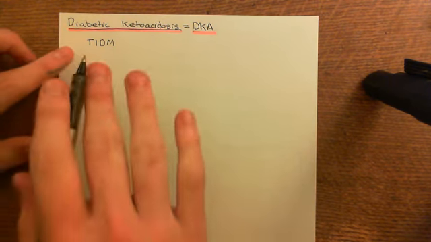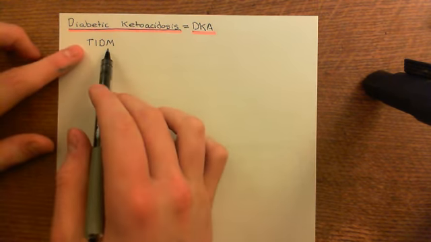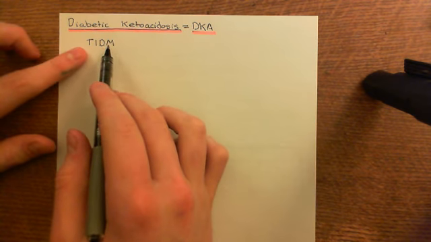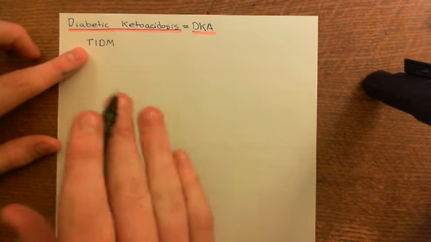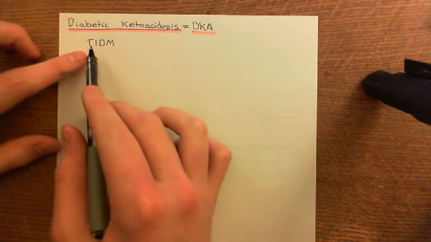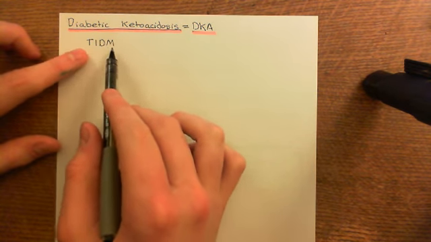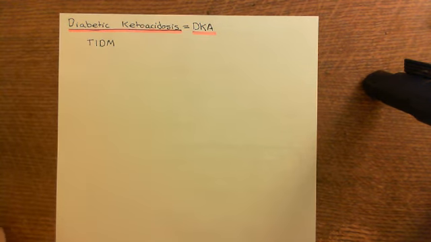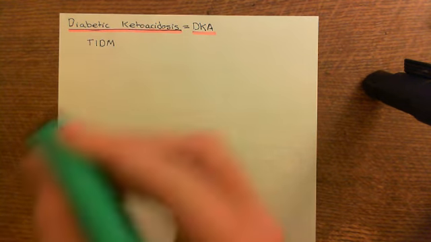This is particularly bad in type 1 diabetes mellitus because the insulin can drop through the floor. So in T1DM, the insulin signaling is reduced the most. In some ways this is the most severe problem with insulin signaling.